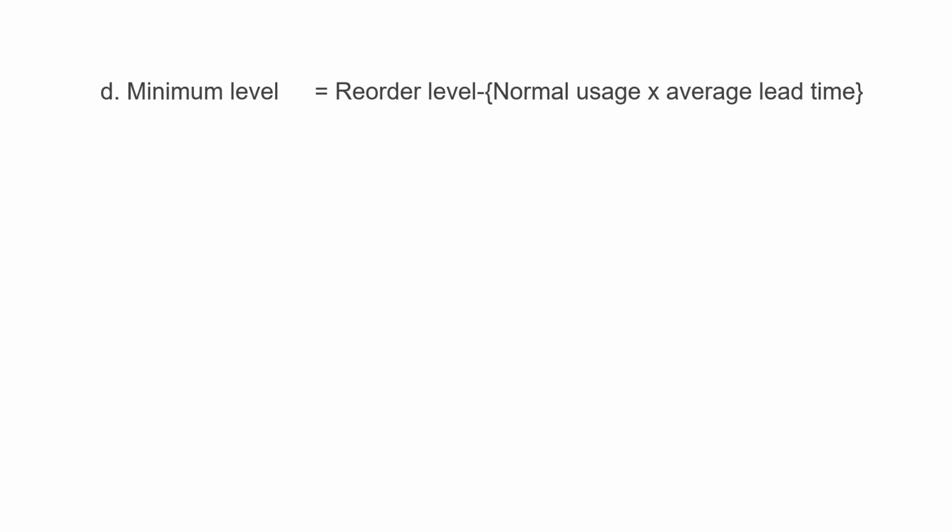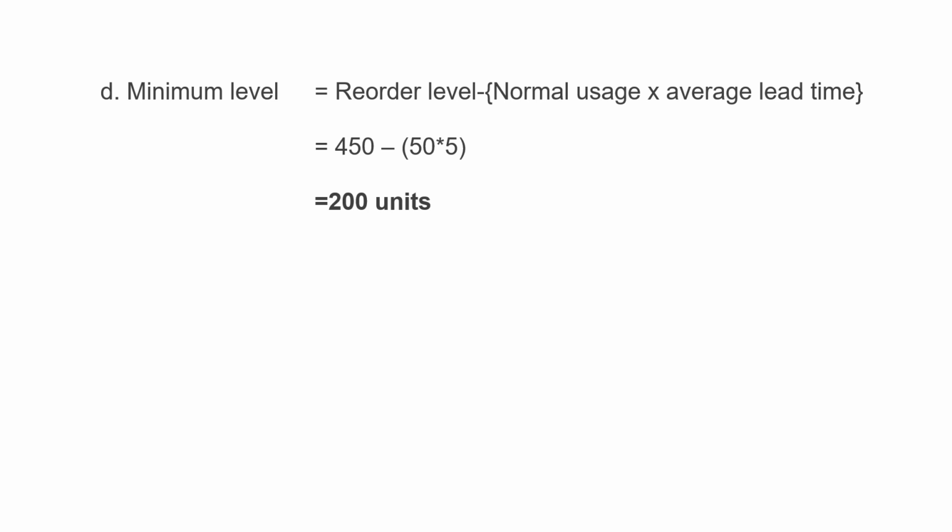Now let's see how we are going to calculate the minimum level. For that, we have to take the reorder level and deduct the normal usage into average lead time. So here the reorder level we have already calculated as 450 units. So we have to deduct normal usage of 50 into 5, which is the average lead time.